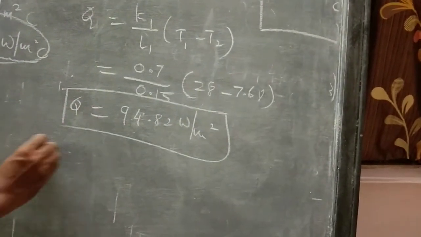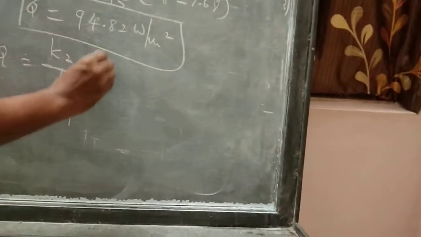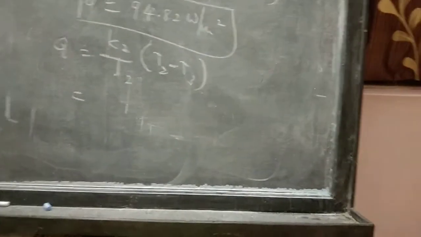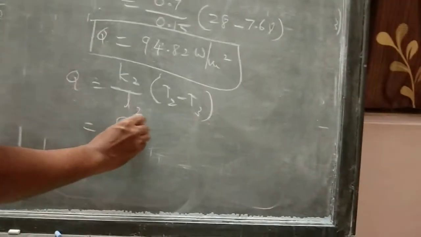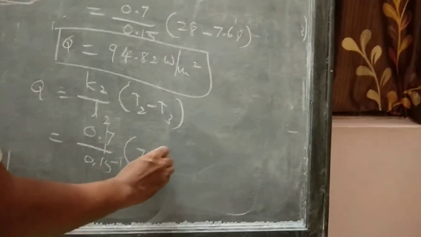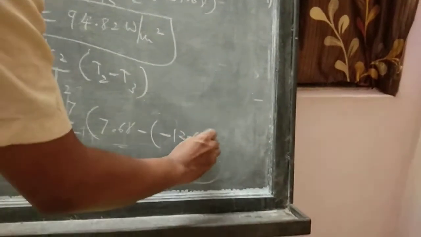The same can be calculated and compared also. It is going to be the same at steady state, T2 minus T3. If you calculate K2 by L2, that is 0.7 divided by 0.15, T2 is 7.68 minus T3 which is minus 12.63.